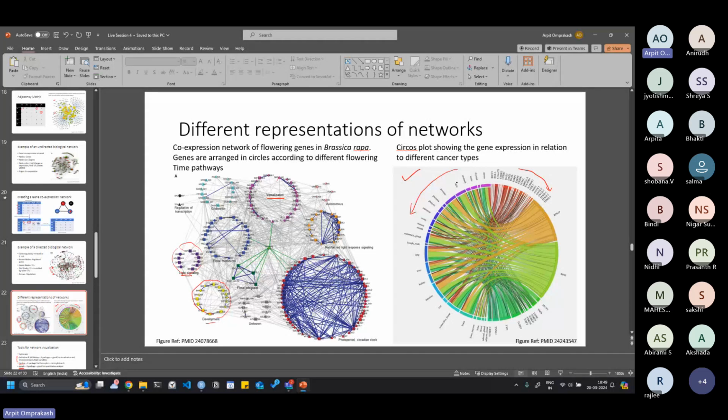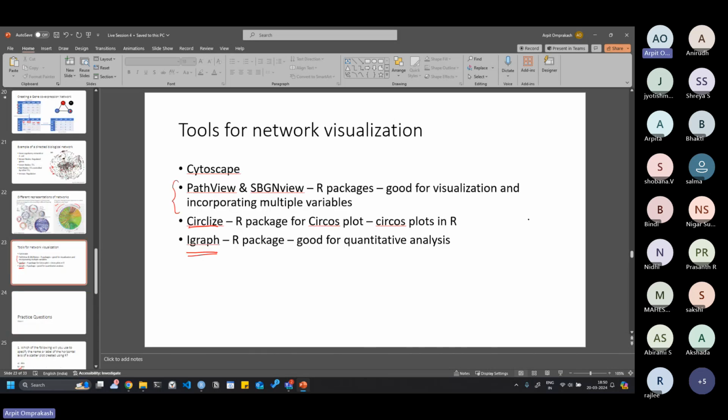In this circos plot, half of the data is cancer type and the other half is gene expression, and these connections show us what type of cancer has what type of gene expression, genes expressing more or less.